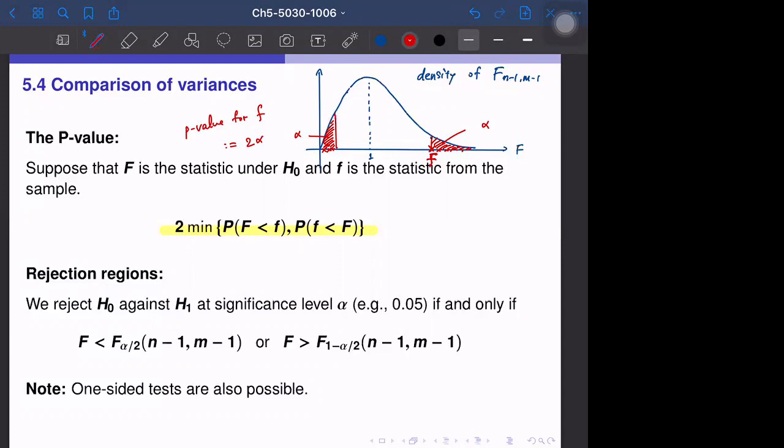So the rejection region is both sides of this F distribution.